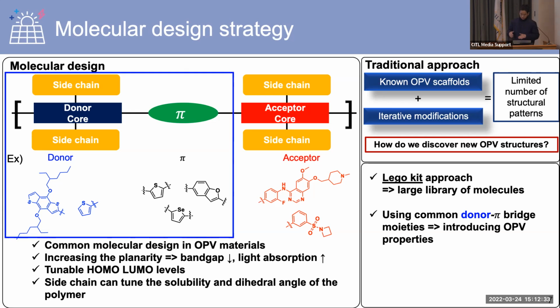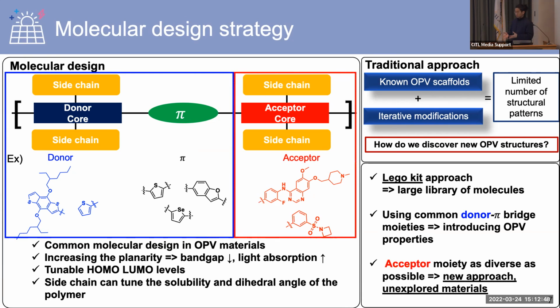The second is using a common donor-pi moiety, because we want a part that for sure introduces the OPV nature to the molecule we are going to synthesize. The last is diversifying the acceptor building block as much as we can, because we want to investigate the large area of unexplored OPV molecules.